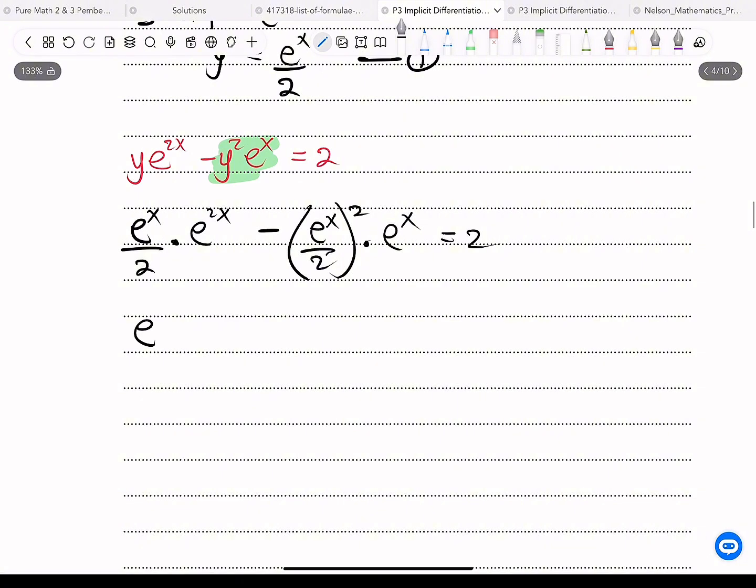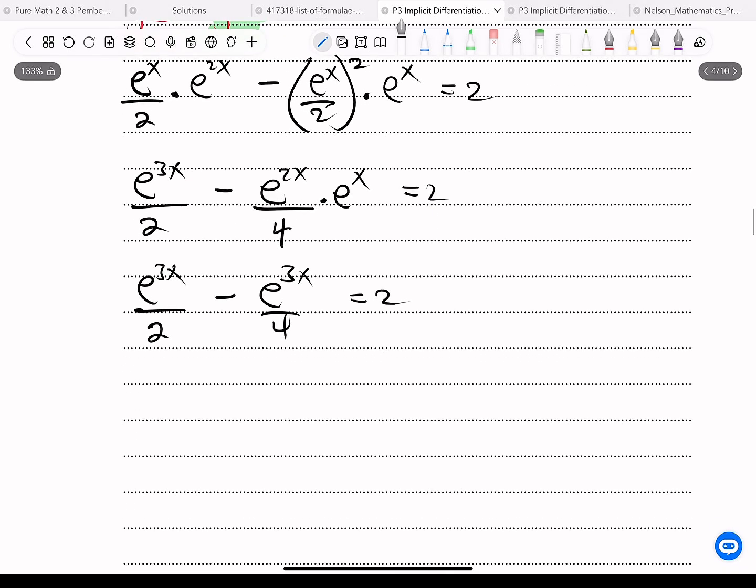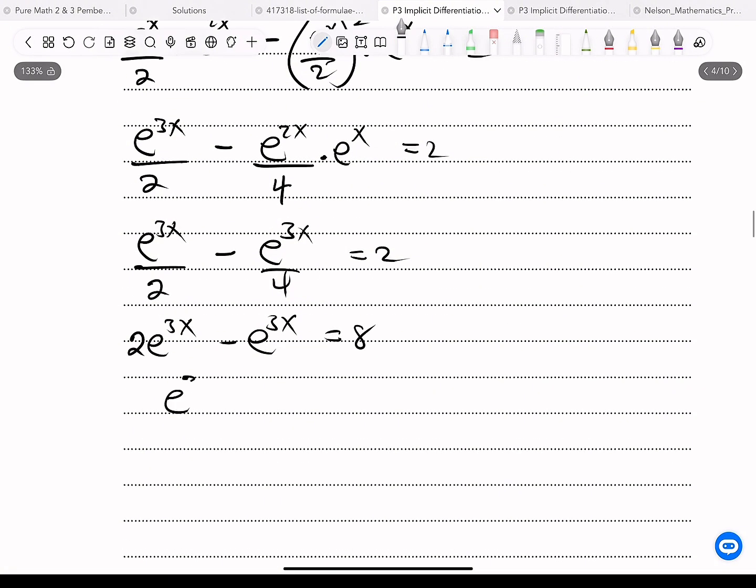And this will become e to the power 3x over 2 minus e to the power 3x over 4 equal to 2. Multiply through by 4 so that I can get 2 e to the power 3x minus e to the power 3x is equal to 8, and you can have e to the power 3x is equal to 8.